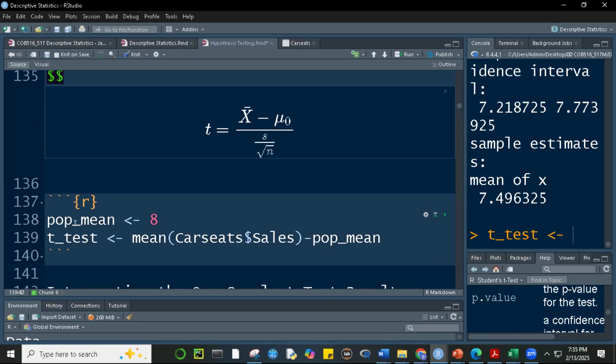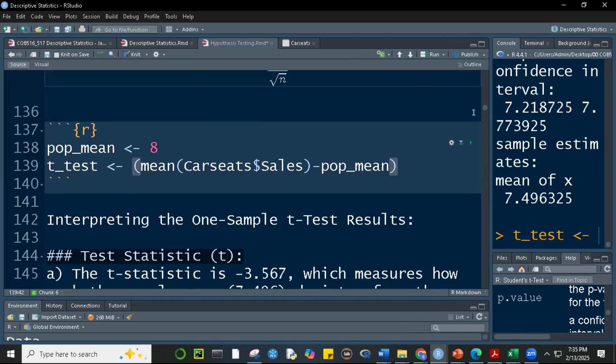I created population mean, which is equal to 8. So I'm now writing this. The average we get by mean of the car seats sales, and then minus the population mean. And then I'll have to put this in parentheses. This will be our numerator.